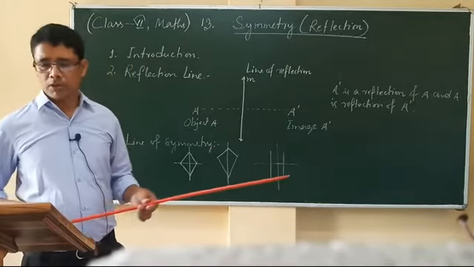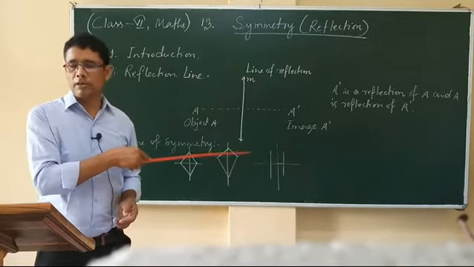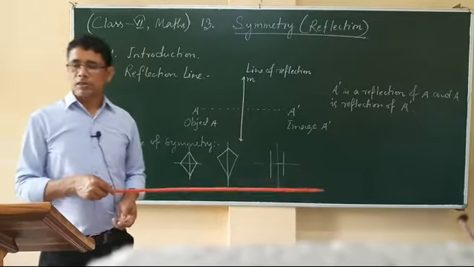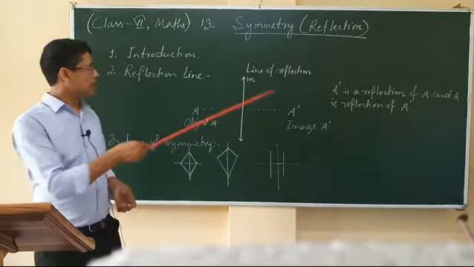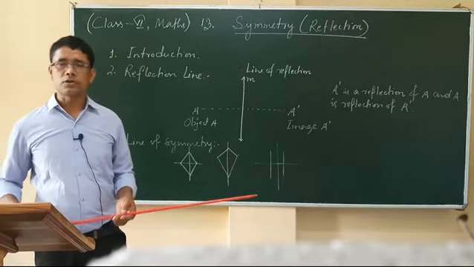The line M is called the mirror line. This line will be called the mirror line or the reflection line. This line is also called the line of symmetry.